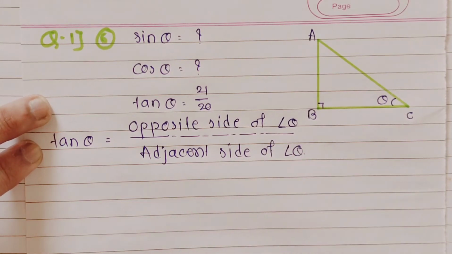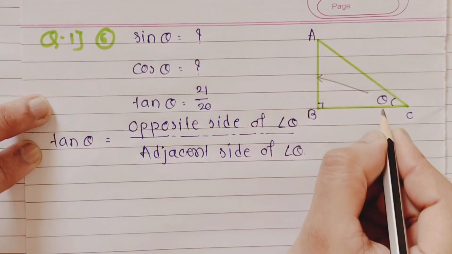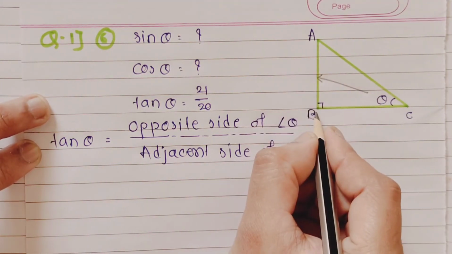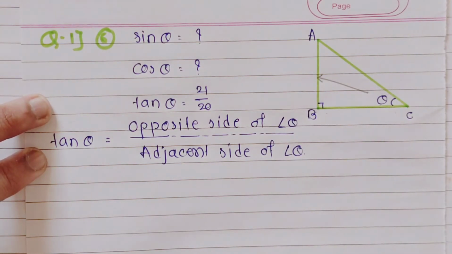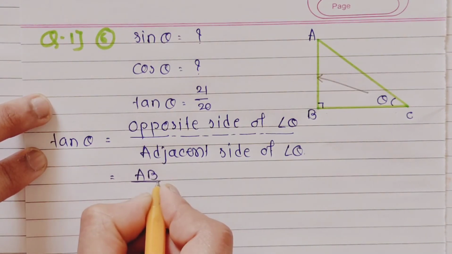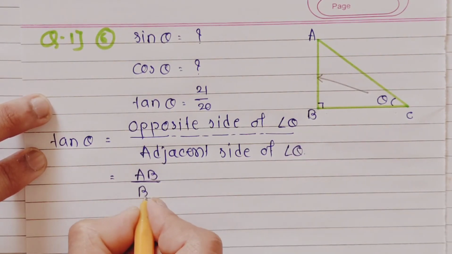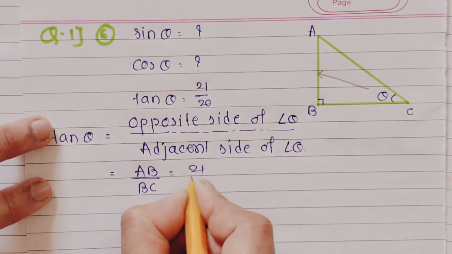So see the figure, opposite side is nothing but AB. For angle theta, AB is the opposite side and BC is the adjacent side. So opposite side, that means AB, upon adjacent side, that means BC. That means ratio is AB upon BC is equal to 21 upon 20.